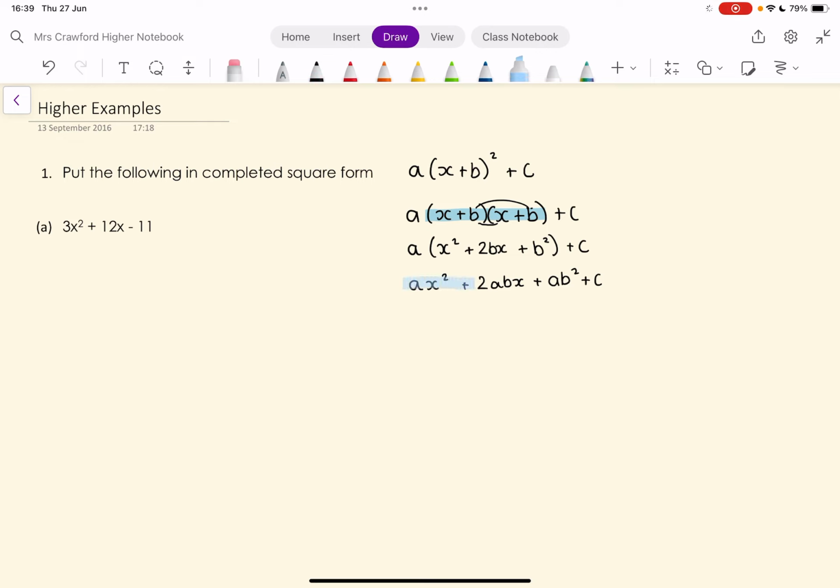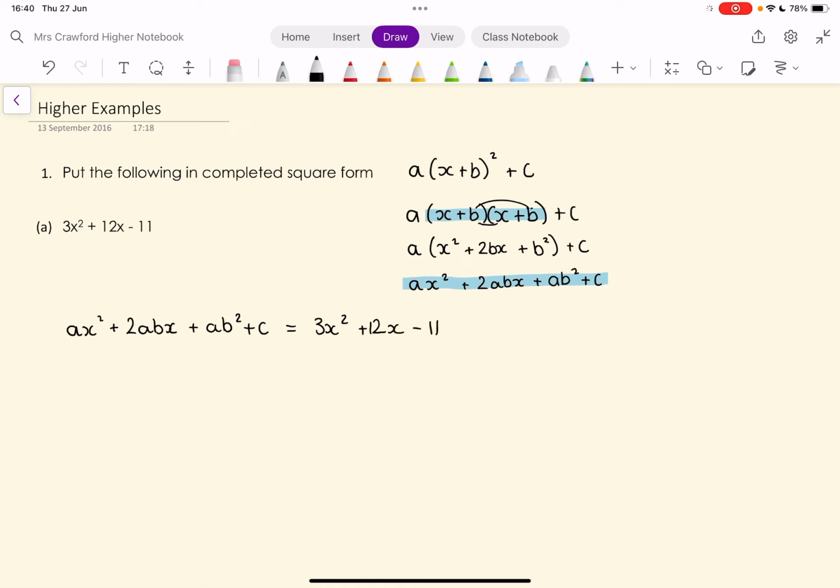So we're going to use this expression to help us put 3x squared plus 12x minus 11 into completed square form. I'm going to equate them, make them equal to one another. So ax squared plus 2abx plus ab squared plus c is equal to 3x squared plus 12x take away 11.